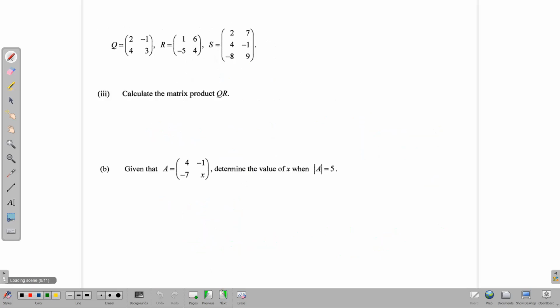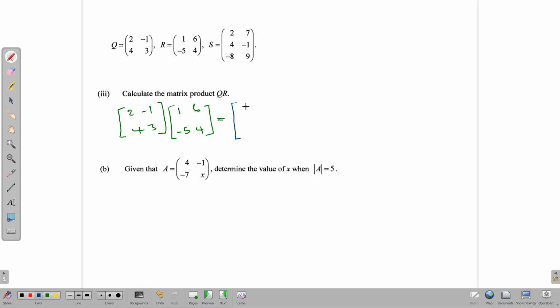Moving on, we are to calculate the matrix product QR. So let's write them down and multiply them out. Q is 2, -1, 4, 3, and we're multiplying that, of course, by 1, 6, -5, 4. Okay, let's go ahead and multiply. So we're going to multiply row by column. So this row multiplies that column.